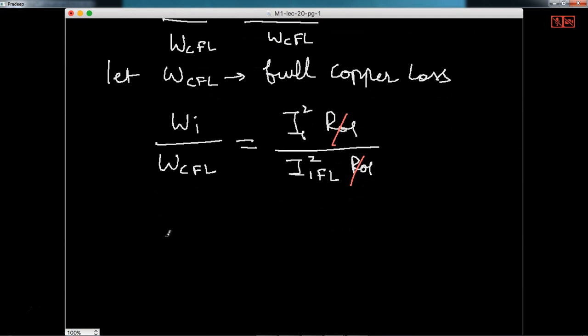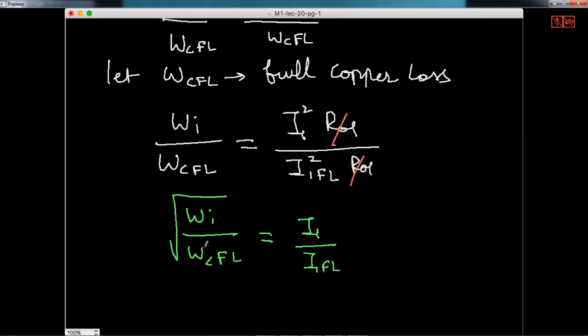If I square root both sides, square root of Wi by WC full load is equal to I1 by I1 full load. That means at what fraction of the full load current the efficiency will be maximum can be determined like this. So this is the fraction.